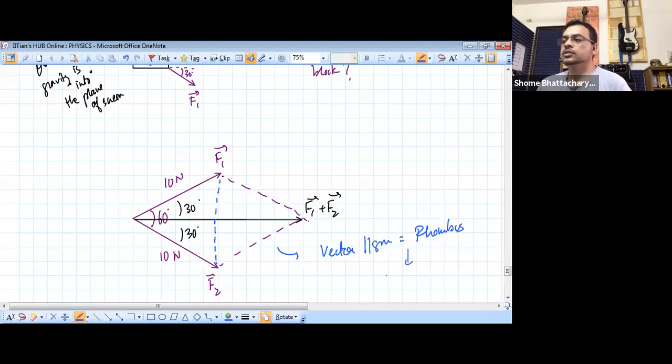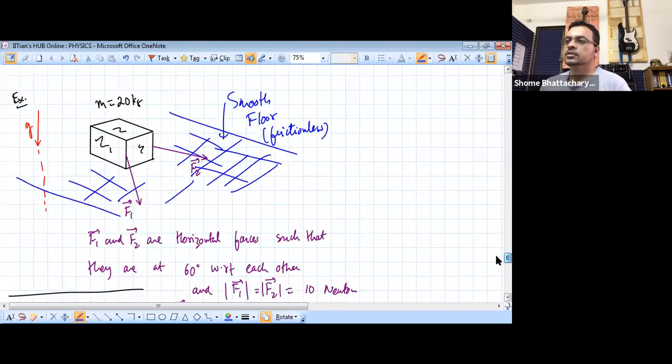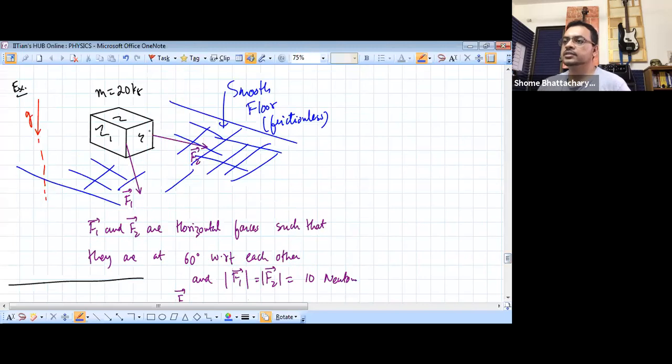Okay, so this is a very useful trick actually. The diagonals are angular bisectors. That's why it always bisects. So in this three-dimensional diagram, the acceleration vector will be somewhere like this. It's along the horizontal, but along this.